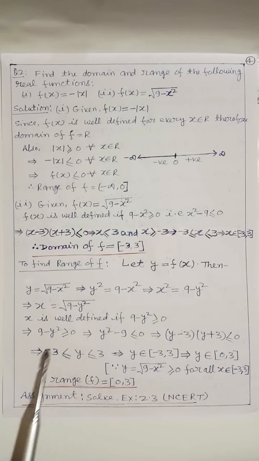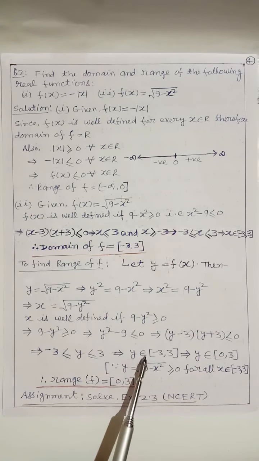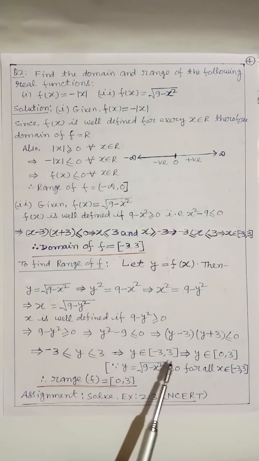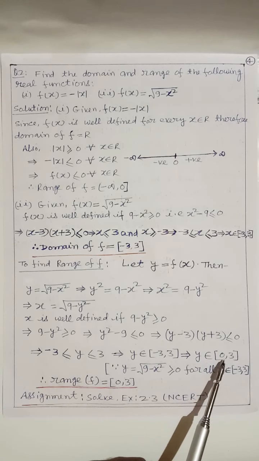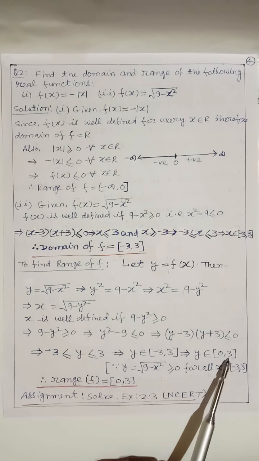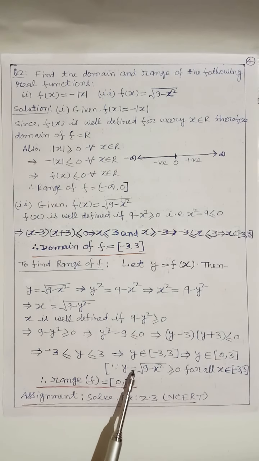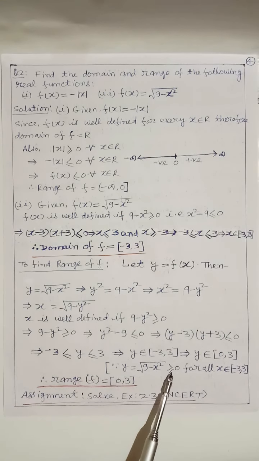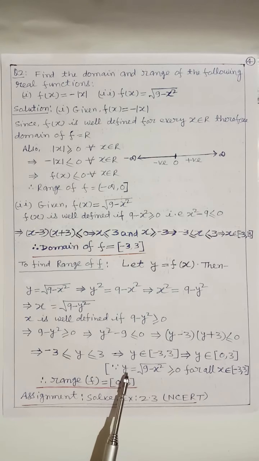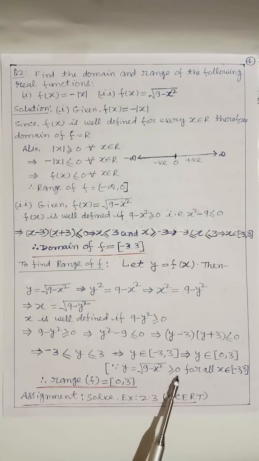What is the meaning? It implies that y belongs to the closed interval minus 3 to 3. And this implies that y belongs to the closed interval 0 to 3. Why? Because y equals square root of 9 minus x square, which is greater than or equal to 0, meaning the minimum value of y is 0.